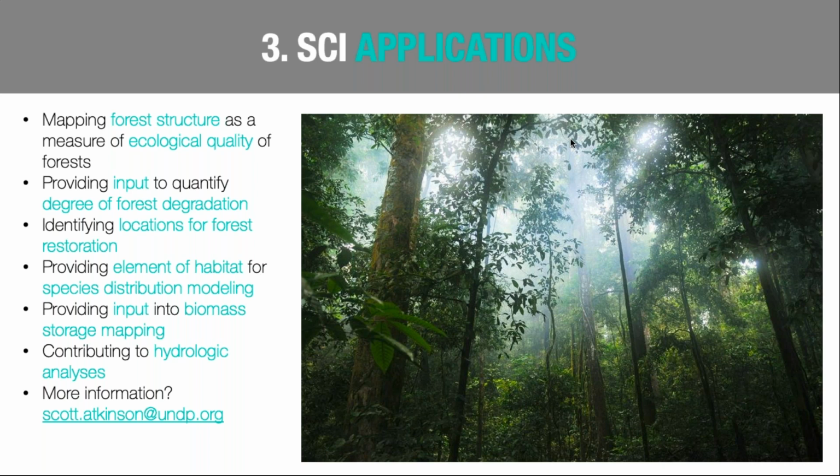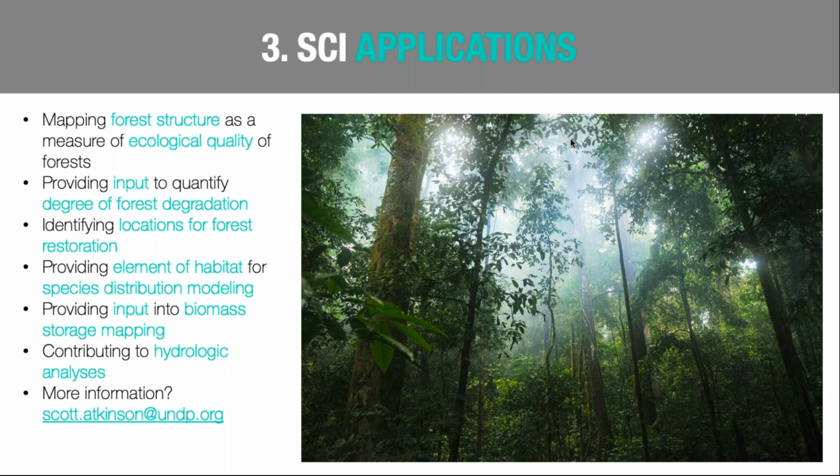So this is just an itemization of some of the potential ways that the layer can be used. And again, we'll give a more specific application here in a few minutes. We're happy to provide additional information on FSII and how it could be used for applications. So please don't hesitate to contact us if you would like more information.